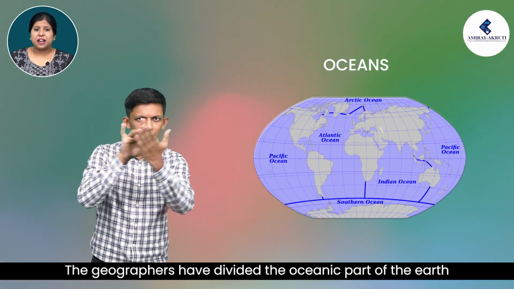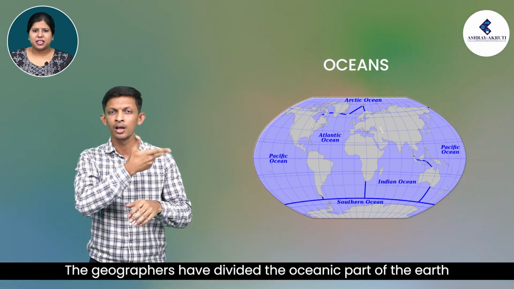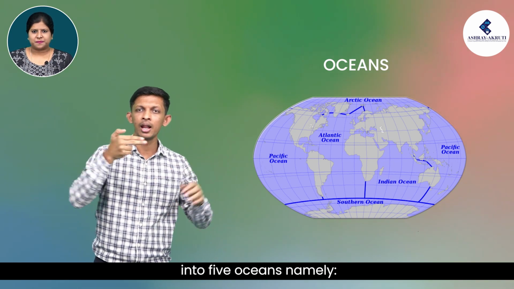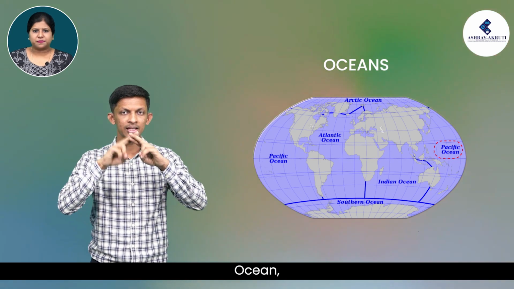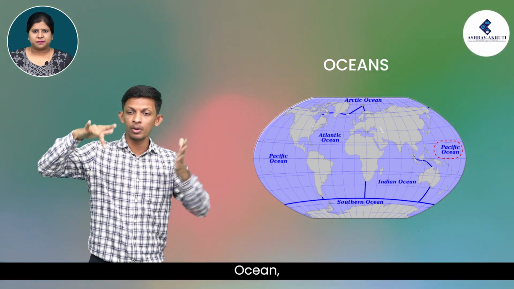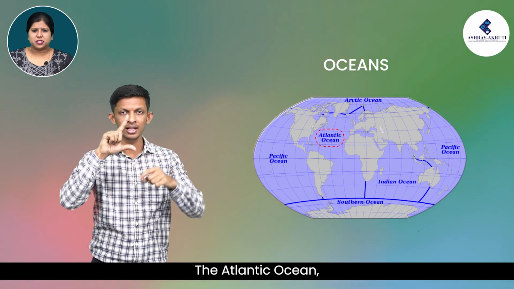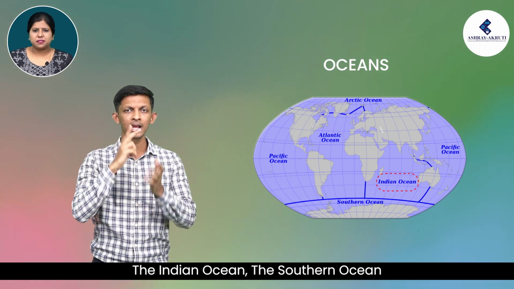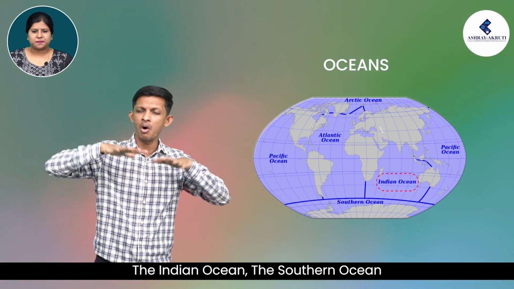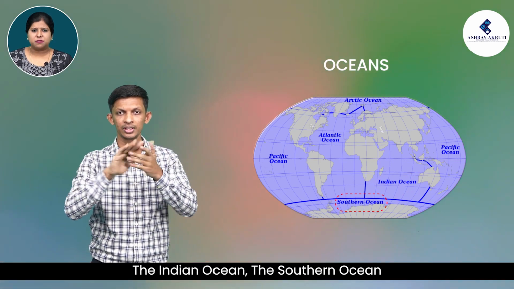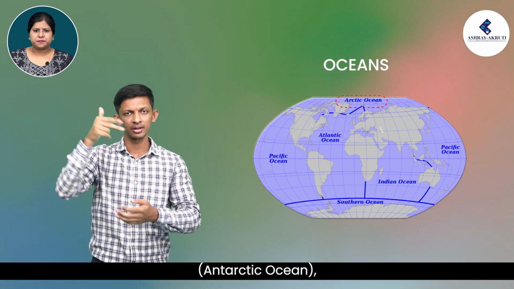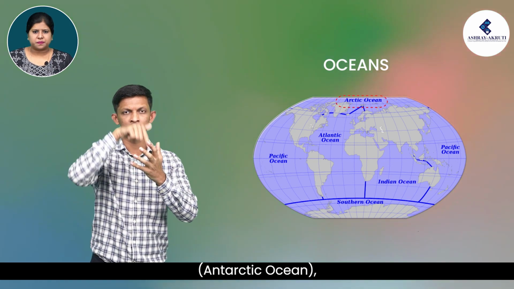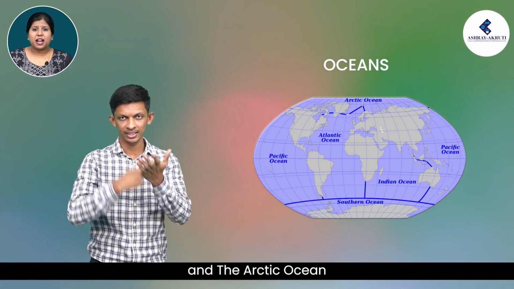The geographers have divided the oceanic part of the earth into 5 oceans, namely the Pacific Ocean, the Atlantic Ocean, the Indian Ocean, the Southern Ocean or Antarctic Ocean, and the Arctic Ocean.